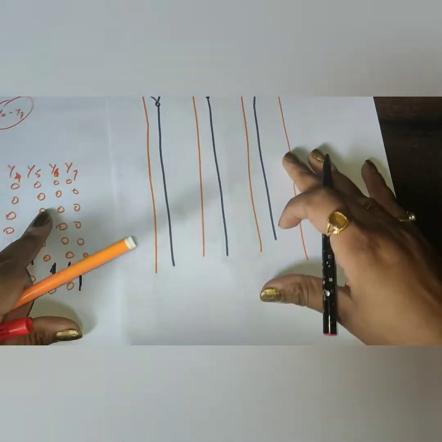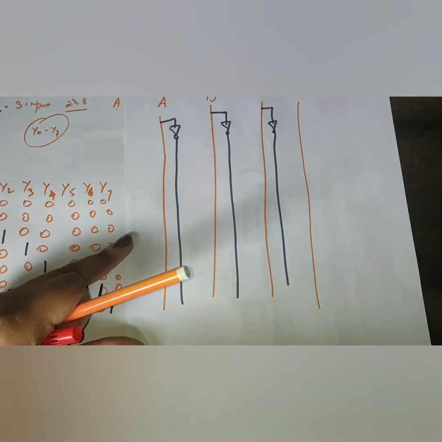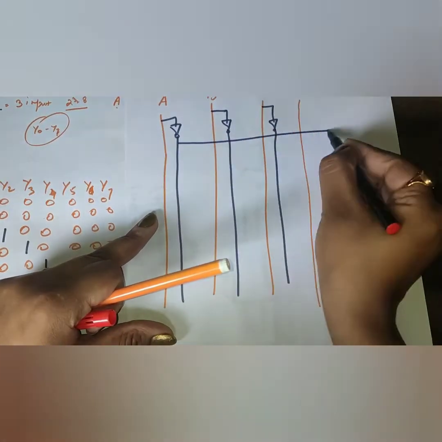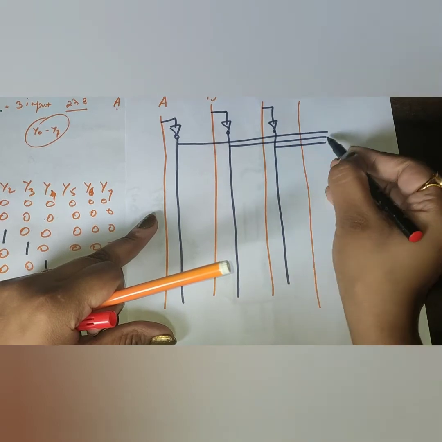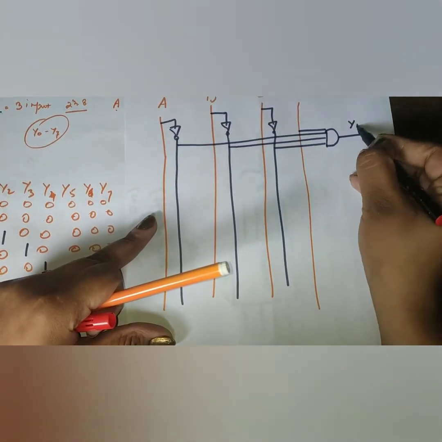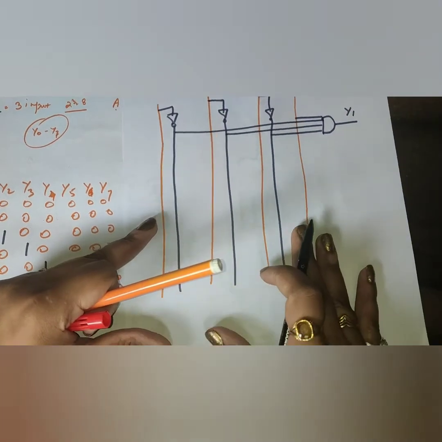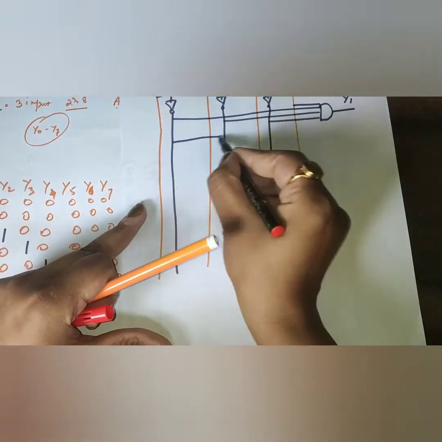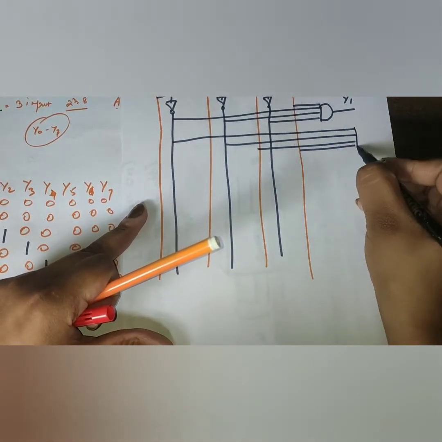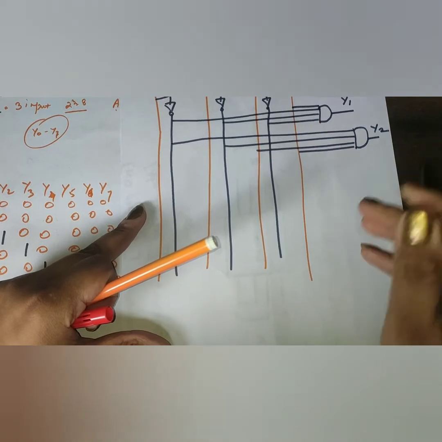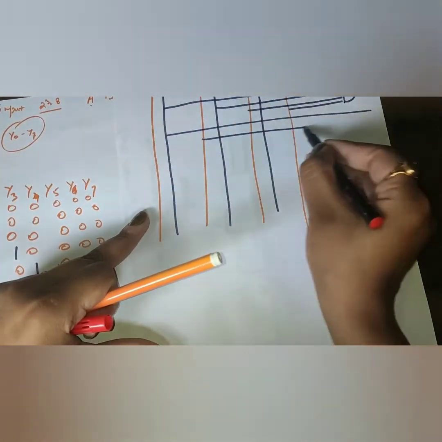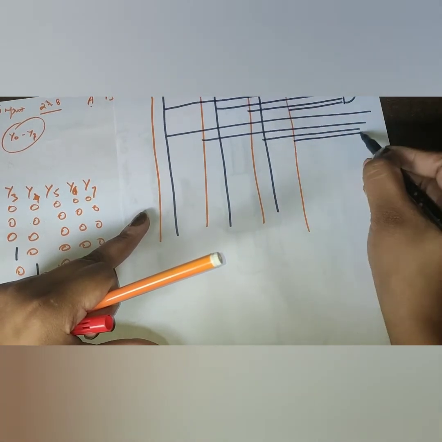Now for 000, A bar, B bar, C bar, AND gate, and the enable signal is always 1. We get y0. Next is 001. That is 0, 0 and C is 1, and the enable signal is 1. We get y1. Now y2 is 010 and the enable signal.